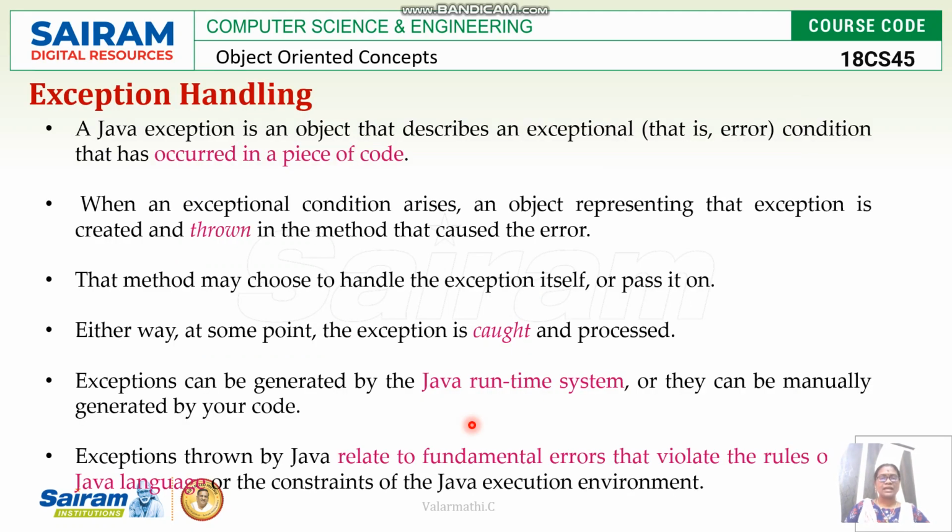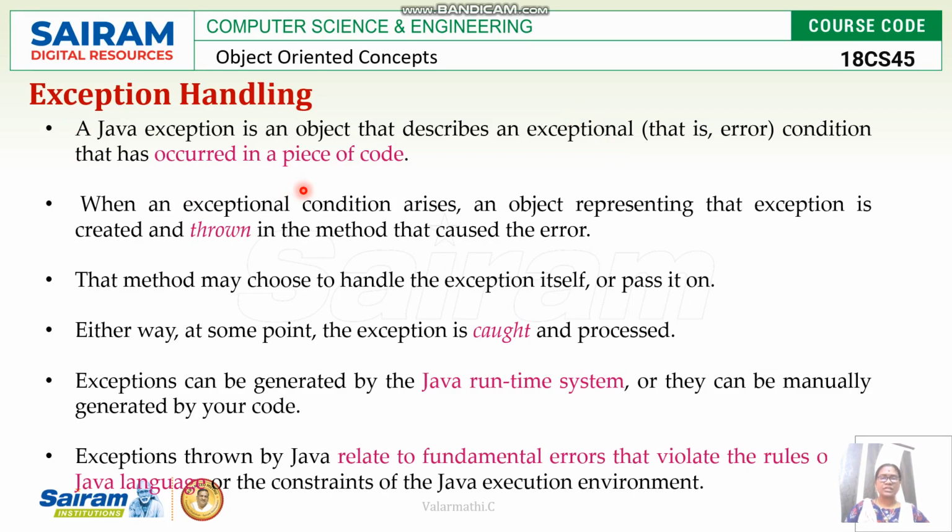So how does exception handling come about, and what is the logic behind it? An exception is an object. A Java exception is an object that describes an exceptional condition that has occurred in a piece of code. So in a piece of code, if any exception or error occurs, it is notified by an object called a Java exception.